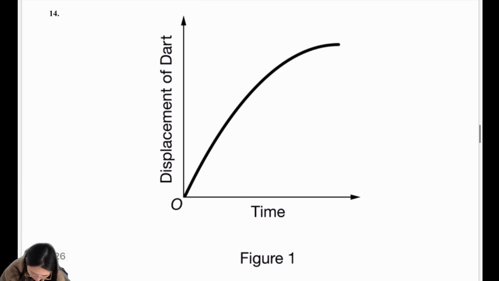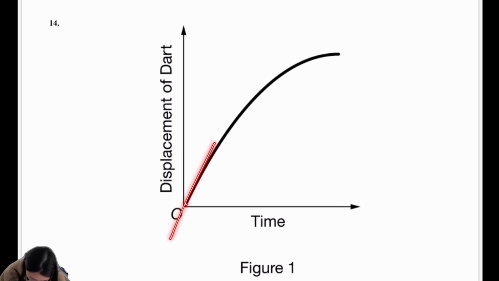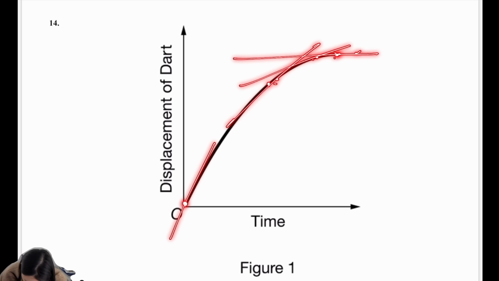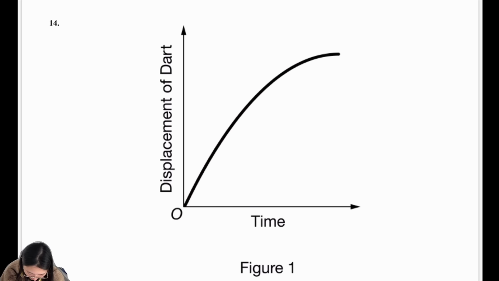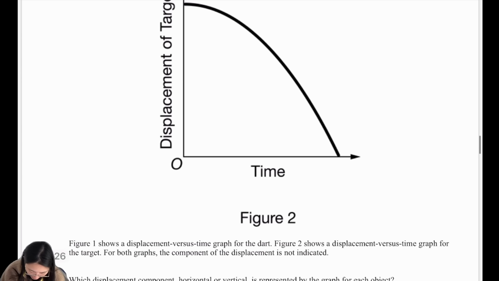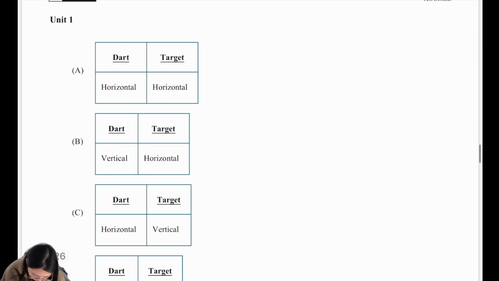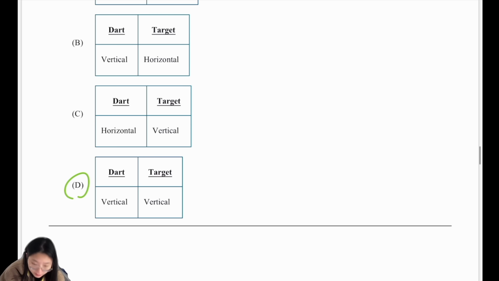This explains why at the very beginning it has a very steep tangent, but gradually its tangent line is getting flatter and flatter, and at the very end its tangent line becomes horizontal, which means its velocity is zero. This refers to the vertical velocity, not the horizontal velocity. So it represents the vertical displacement. For both of them, it represents vertical. So the answer is D.